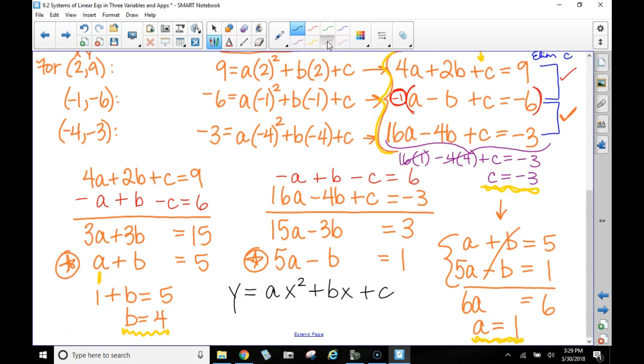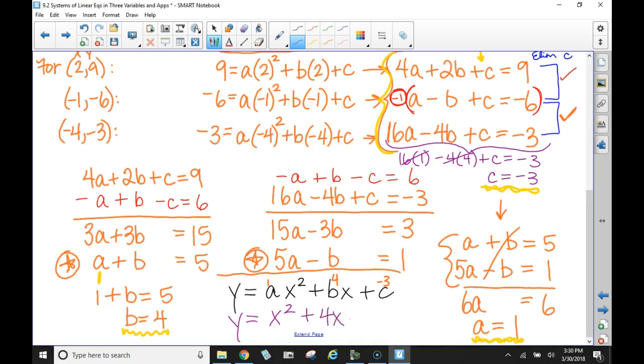So y'all, we found that our a is 1, our b is 4, and our c is a negative 3. I wish I would have used some other color than orange here. And so our final answer is y equals 1x squared plus 4x plus a negative 3, or just minus 3.